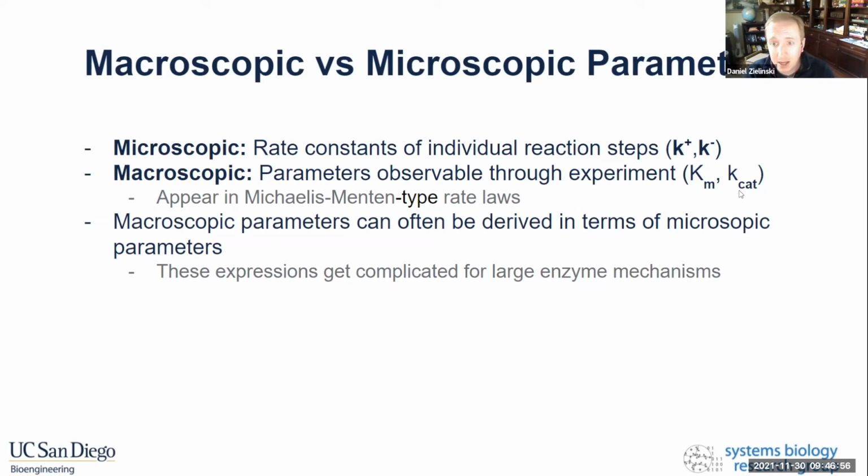So that becomes a parameter fitting or an optimization problem. And that's the basis for MassF. So our strategy in this lab for parameterizing these enzyme modules is to take this kind of kinetic data that we have and map it onto the microscopic rate constants so that we can do mass action modeling.